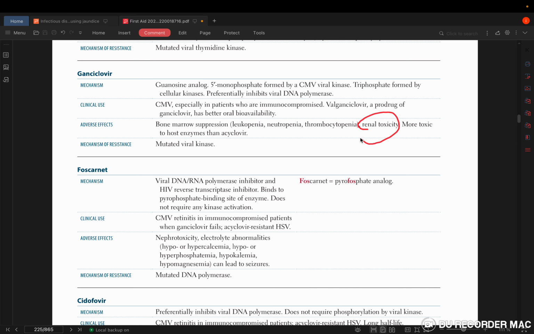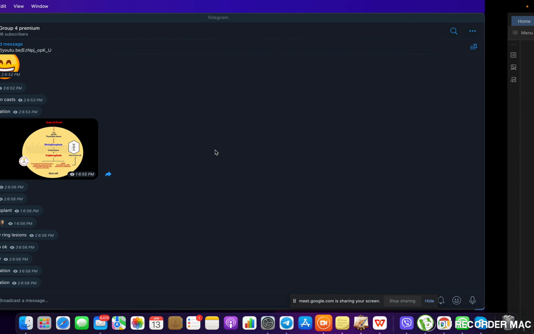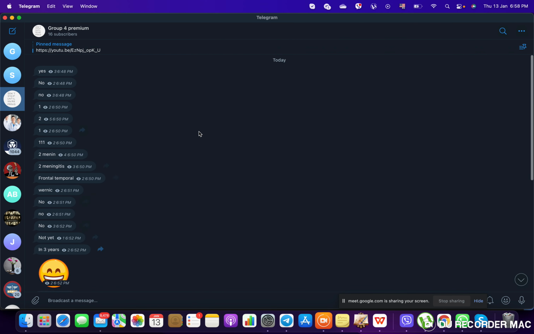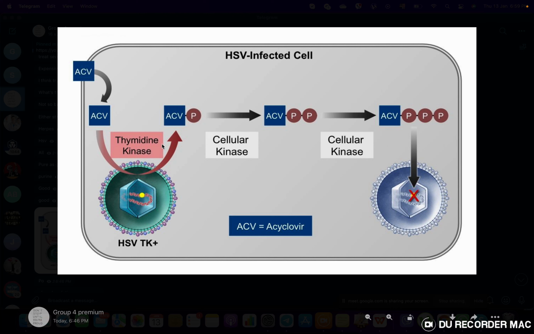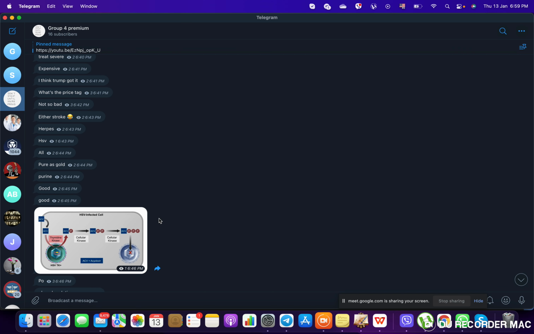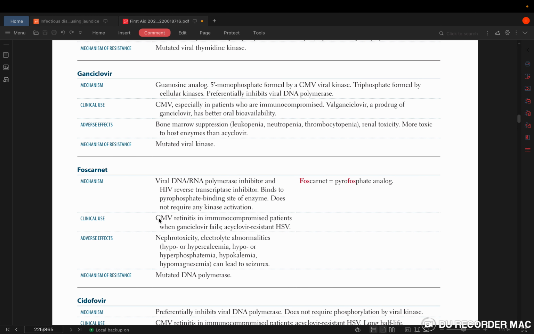That will be hydration. Nice. It's much more toxic to the host enzymes than acyclovir. Again, if the viral kinase is resistant, it will be useless for us. It's the same as acyclovir. If the thymidine kinase or the viral kinase is not working, the drug will not work, which is the mechanism of resistance.